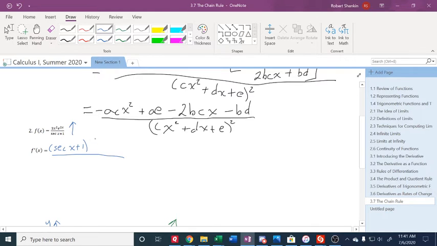times the derivative of the top. Minus the top times the derivative of the bottom.